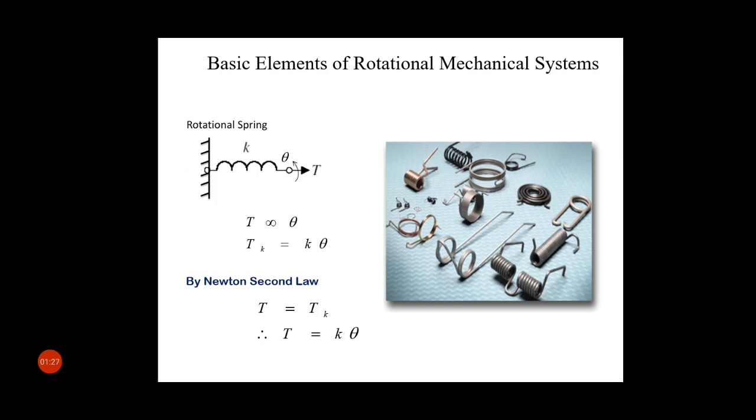When a torque T is applied to a spring as shown in the figure, it is twisted by an angle theta. The spring will produce an opposing torque, capital T suffix K, which is proportional to angular displacement.